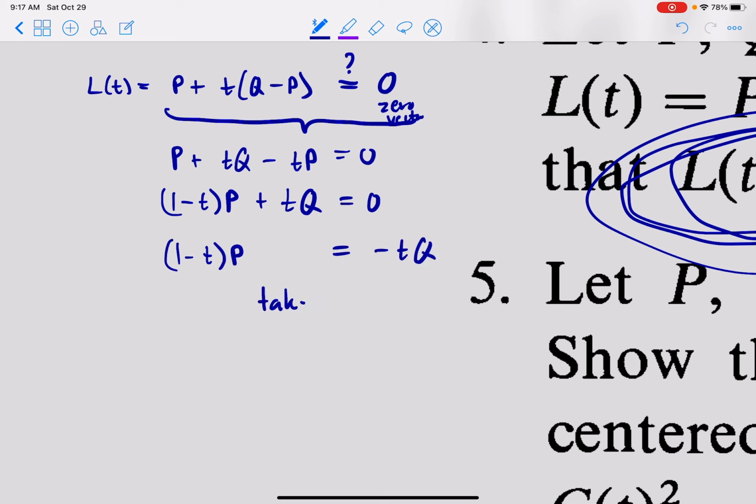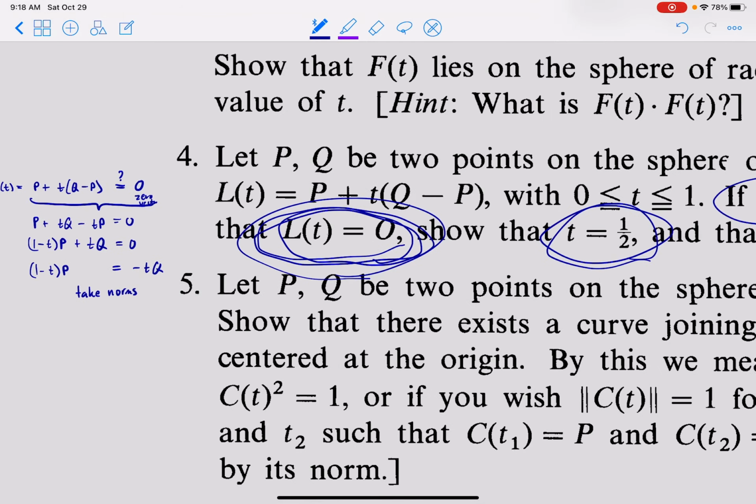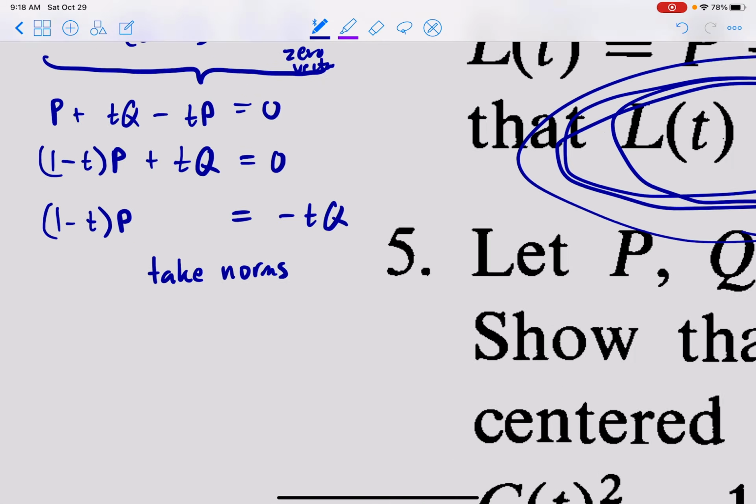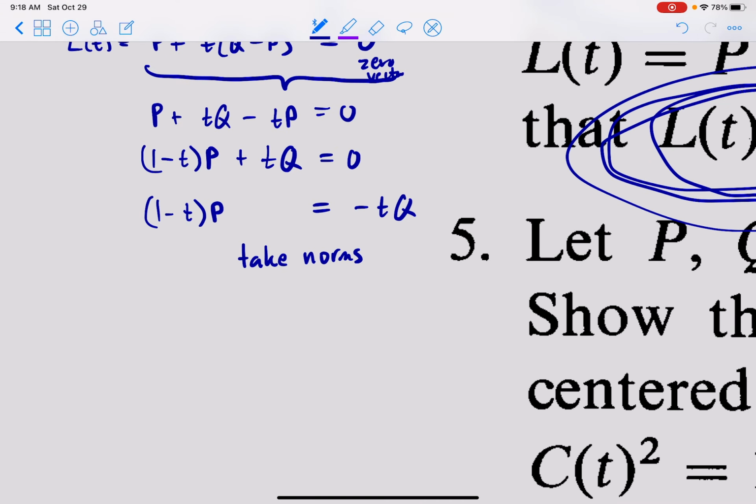Now we'll take the norm, because that will allow us to use the other assumption that we had, that p and q are points on a unit sphere. When you take norms, remember that it pulls out the absolute value of c times the norm of the vector, if little c is a number.